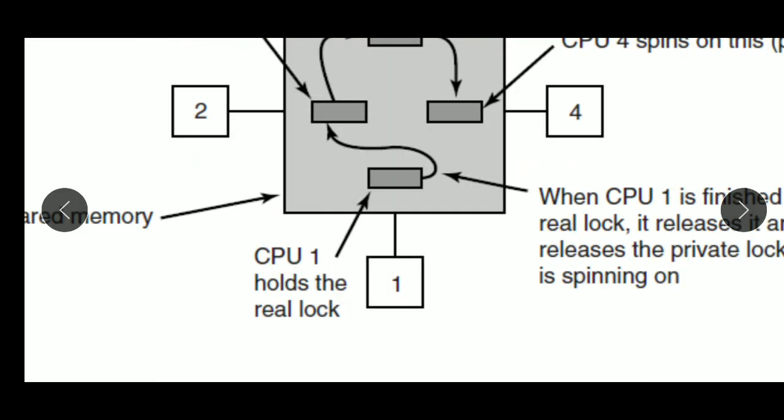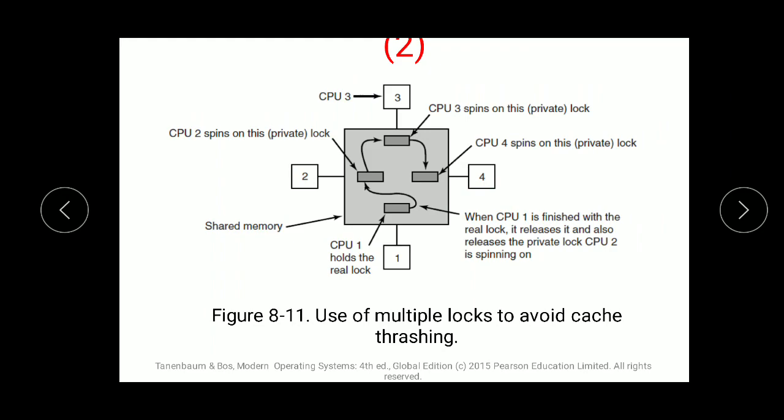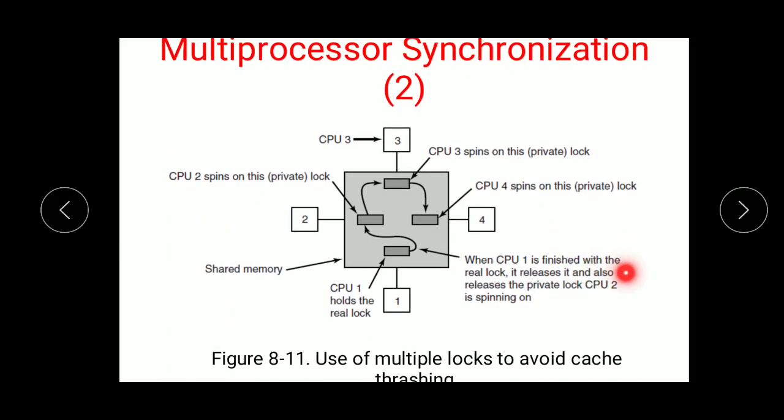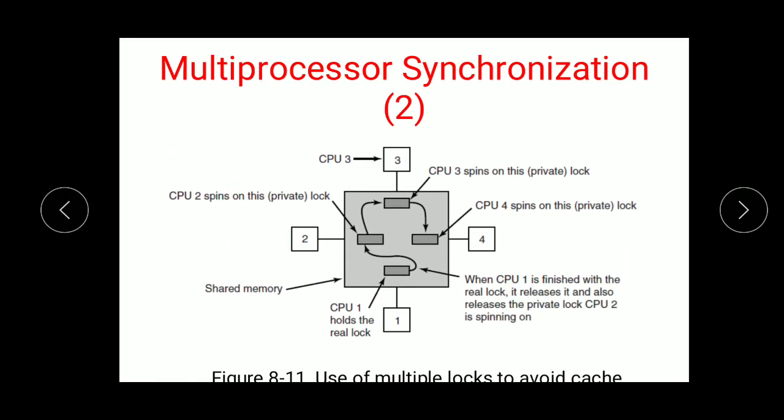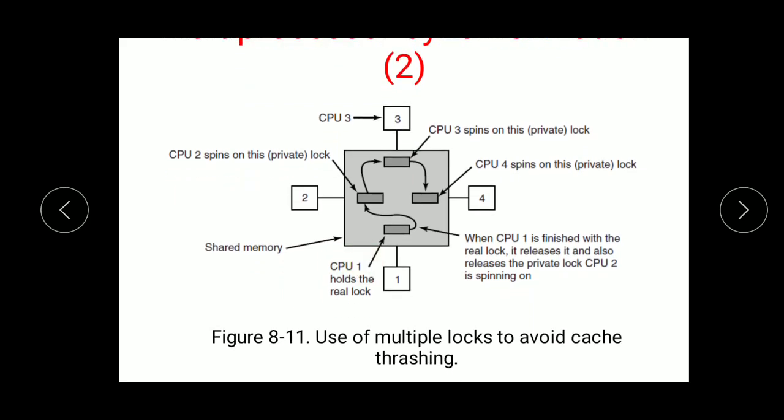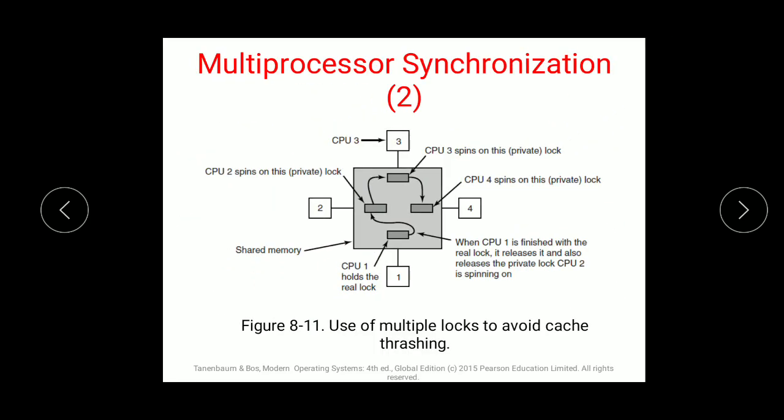Spin: CPU 1 holds the real lock. Then when CPU 1 is finished with the real lock, it releases it and also releases the private lock CPU 2 is spinning on. So CPU 2 will enter and access the memory. This is the shared memory used over all four CPUs.